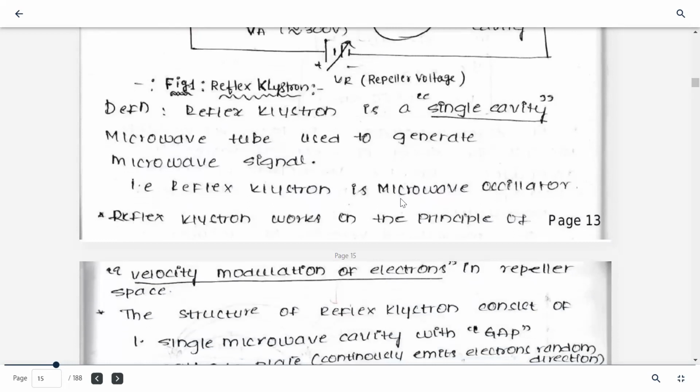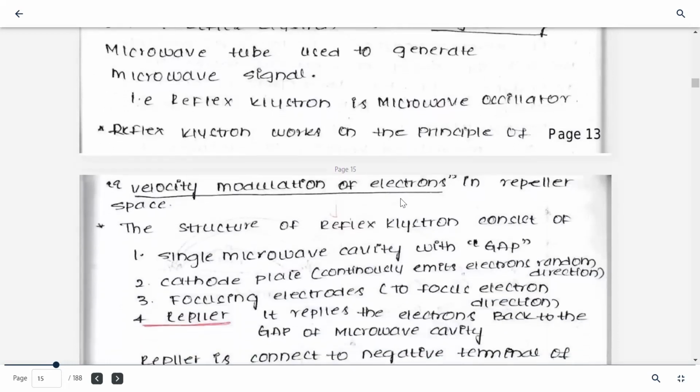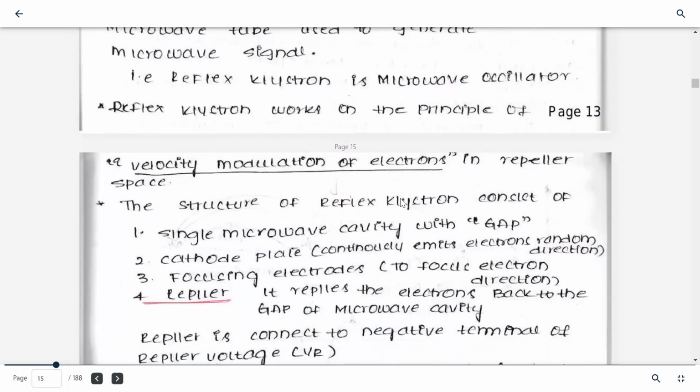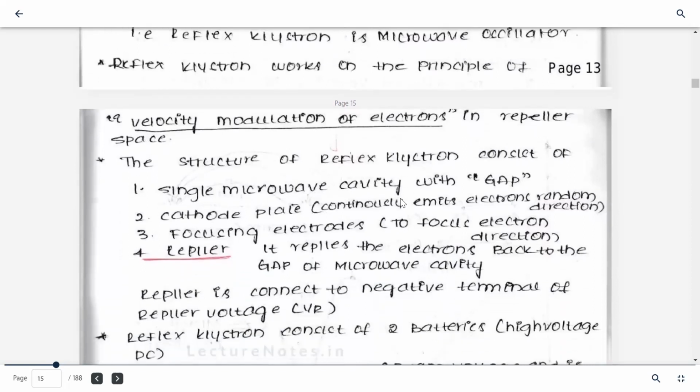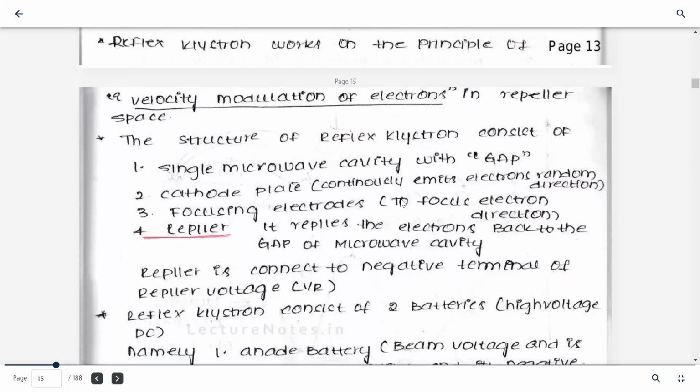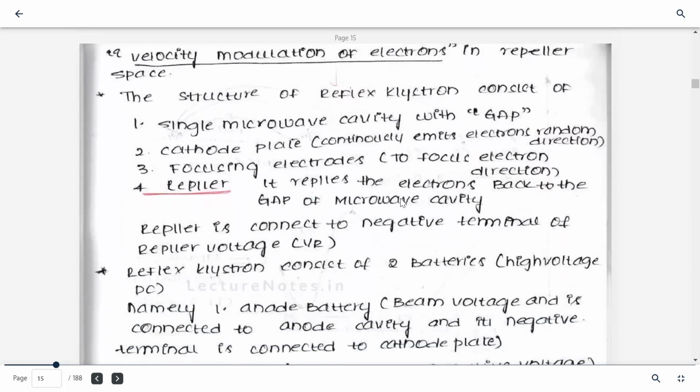So reflex klystron is a microwave oscillator, and it works on the principle of velocity modulation of electrons in the repeller space. The structure of reflex klystron, as we already discussed, consists of a single microwave cavity with a gap, a cathode plate which continuously emits the electrons, and focusing electrodes which are used to focus the electron direction.